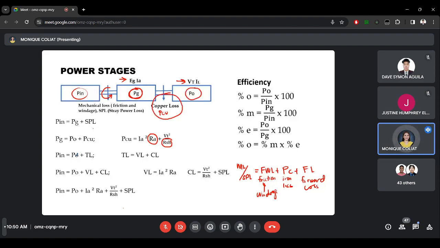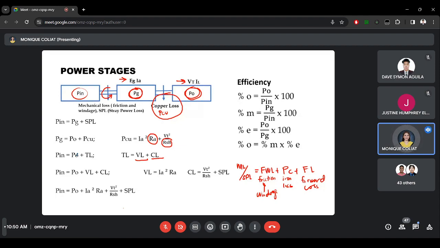Okay, and then we also have PN, which is equivalent to PO plus total losses. What are the total losses? We have here the variable loss and constant loss. So that will be PN is equal to PO plus VL plus CL.